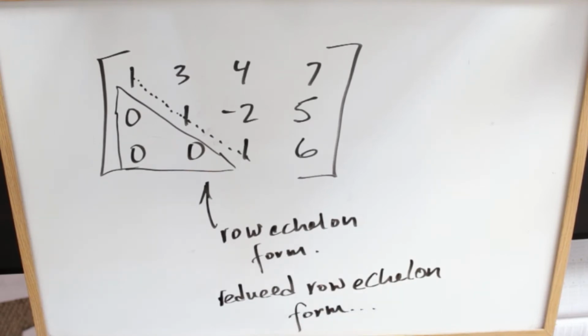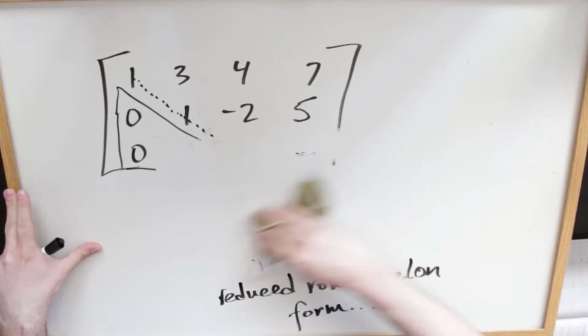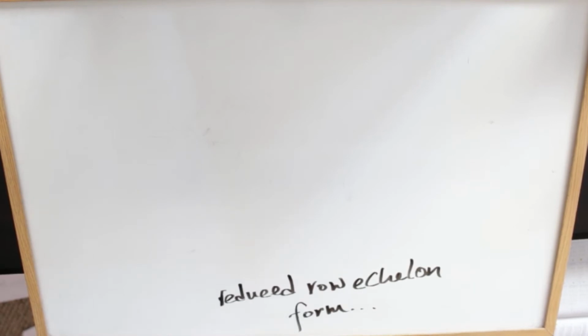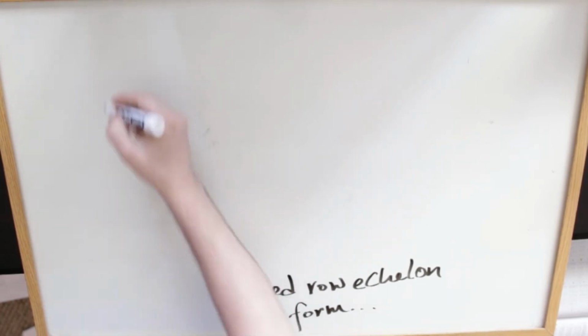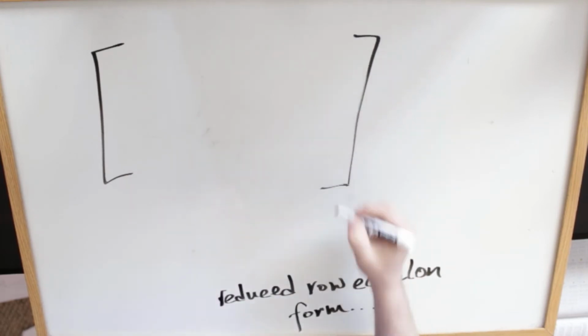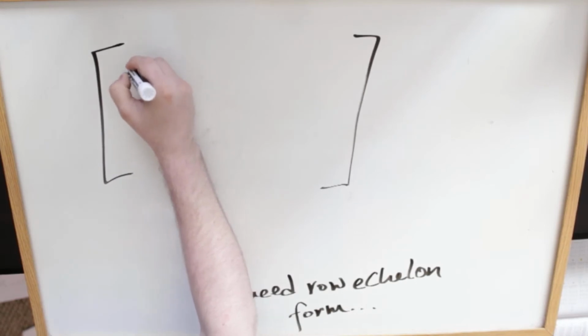So what exactly is that? Well, let me go back up here to the very top, and I'm going to erase this and show you something that is in reduced row echelon form. So the row echelon form means you've got a kind of triangular zeros at the bottom, but you can actually keep going when you work through the operations of your matrix and get something that looks like this.